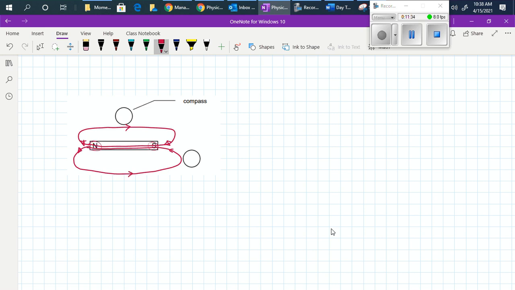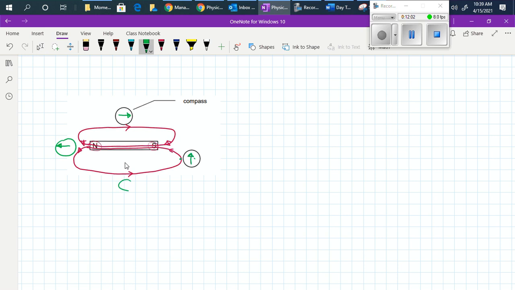Now if you place the compass here, then the magnetic north of the compass will follow the direction of the field lines. If you place a compass somewhere in here, then it will be going like this. If you place the compass here, then it will be going east.